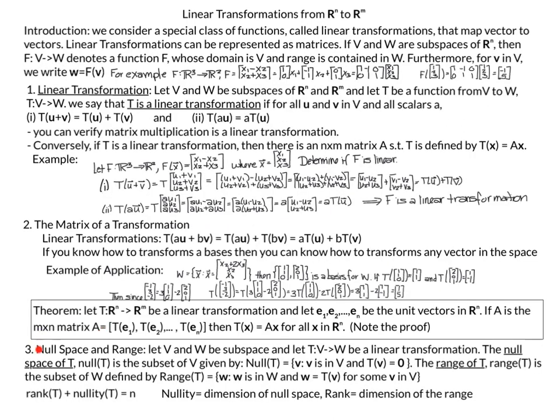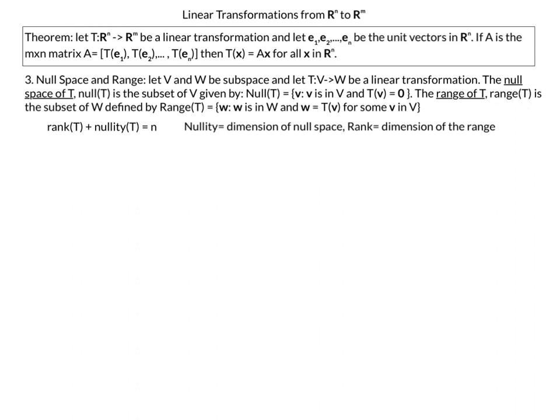Our last topic will be null space and range. In our video about dimension, we had talked about null space and range, but just to review, if we let V and W be subspaces of Rn, and let T be a mapping from V to W, and it's a linear transformation, then the null space of T, denoted null of T, are the vectors v in the subspace V such that T of v is equal to 0.